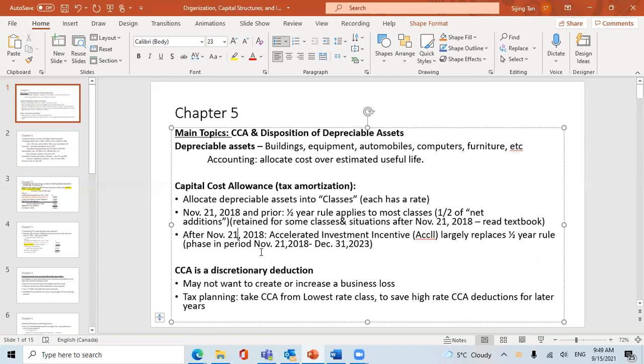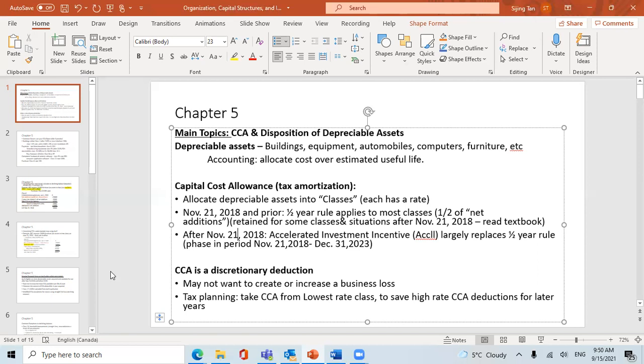They may need to deduct only a few classes of the CCA, because there are, say, 5 different UCC balances. Then, according to our tax planning method, you apply the lowest rate class first, and you save the high rate CCA deduction for a later year when they make more money. We're going to talk about that question later in this PowerPoint.